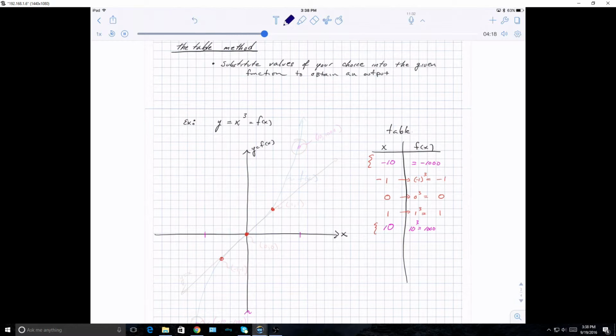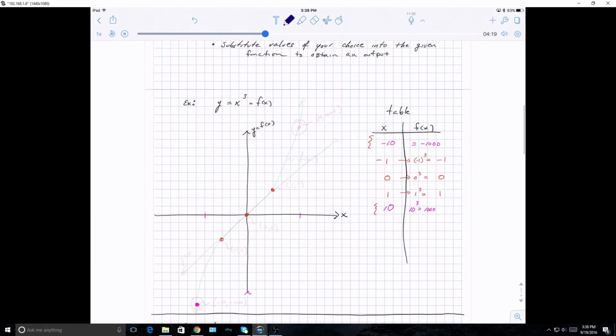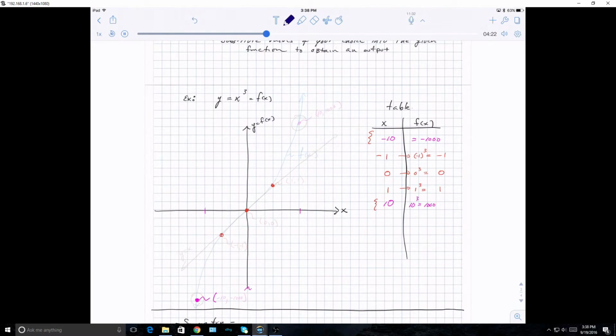So we'll just say that down here is a point, and we'll label it now as -10, -1,000. And we'll label this other one that's probably, who knows, it's probably up around here or so. And this would be 10, +1,000 here.